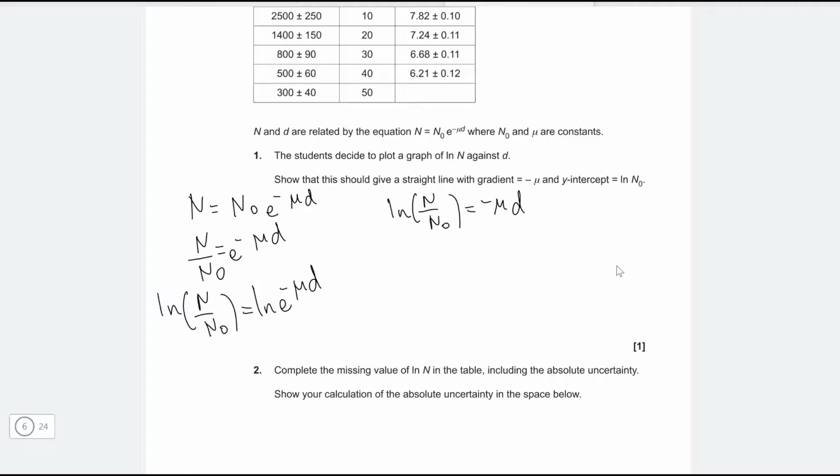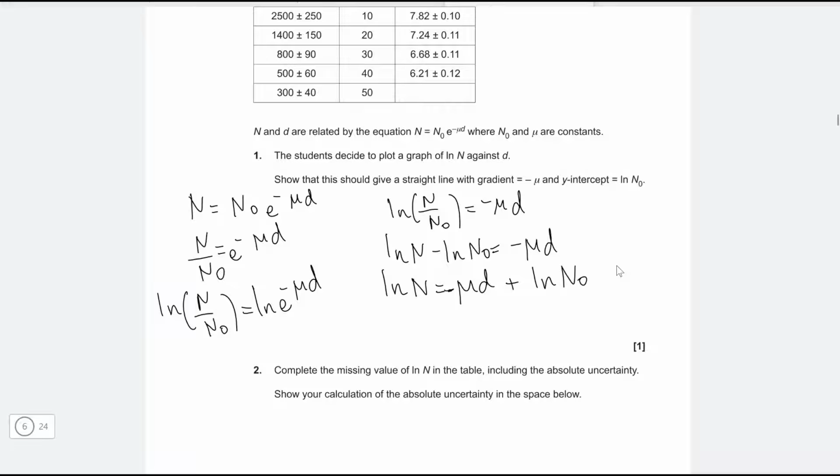Because of the properties of logs, the natural log of N over N naught is equal to ln of N take away ln of N naught, which is equal to minus mu d, which means that the natural log of N will be equal to this expression here. And now we can directly compare this with y equals mx plus c.